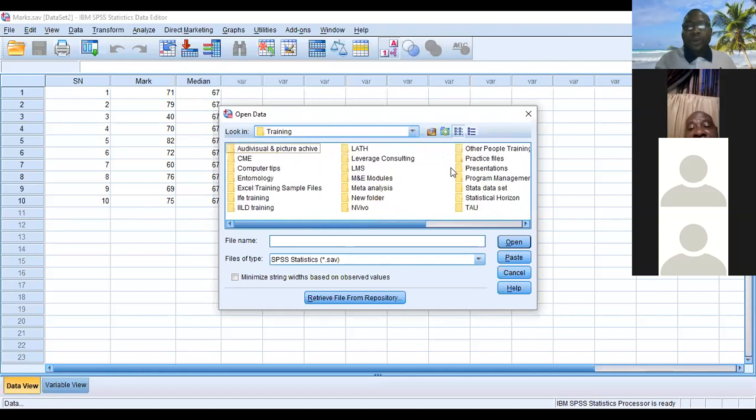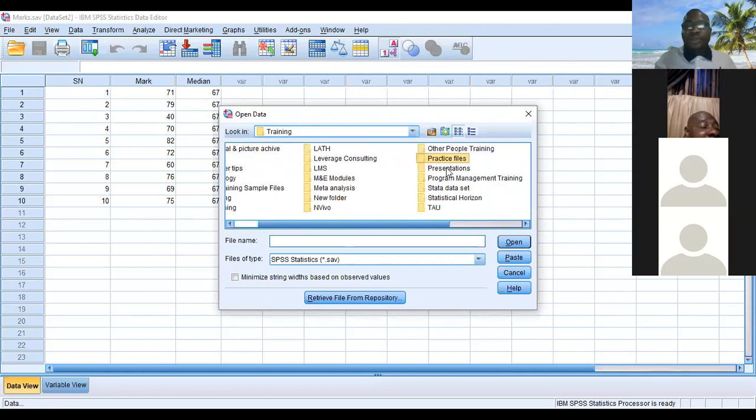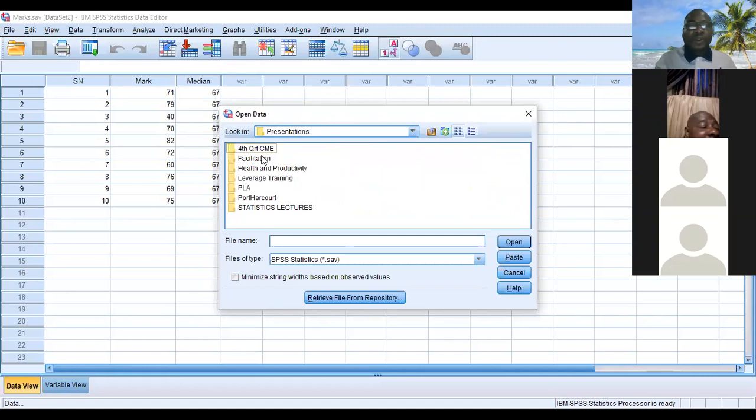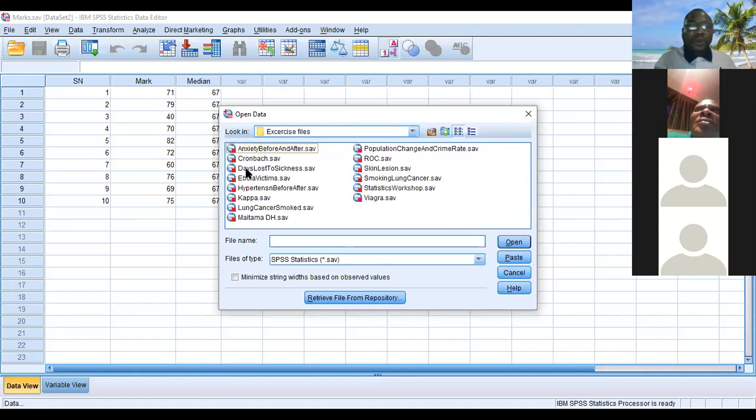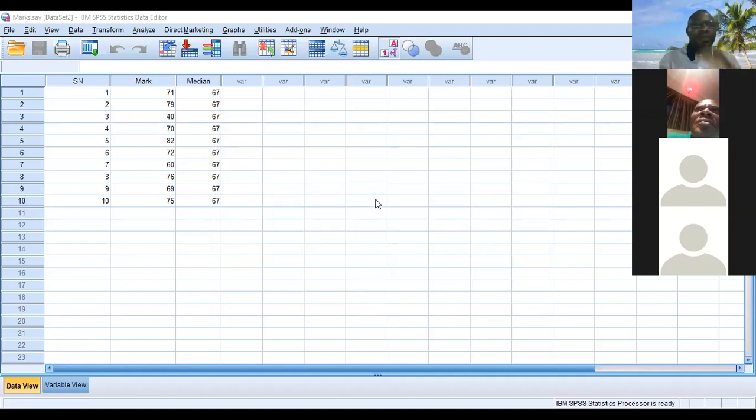We're having difficulty. I'm looking for where the file is. Yes, this is it.